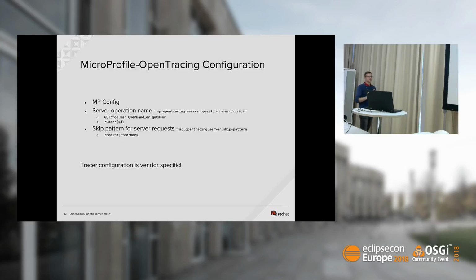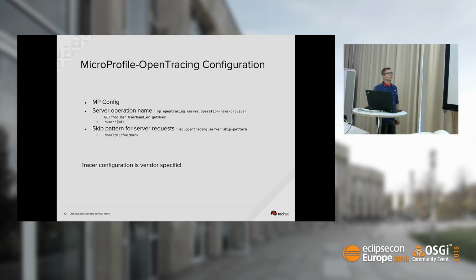But you can change that to, for example, the value which is used inside the Path annotation. The second property is used to disable tracing for specific URLs. As I said, JAX-RS is automatically traced, but sometimes you would like to disable tracing for specific endpoints. And this is great because you can use just a configuration property to do that.